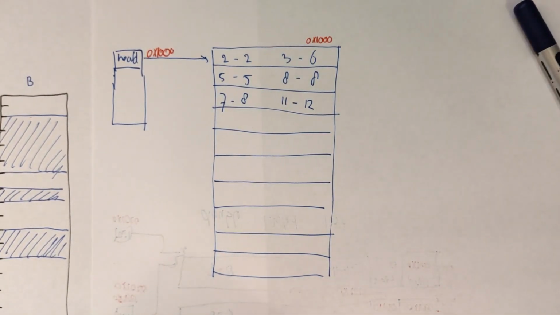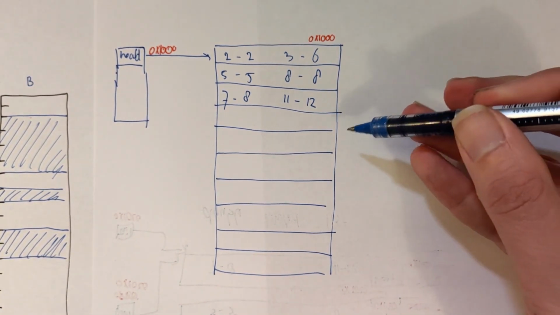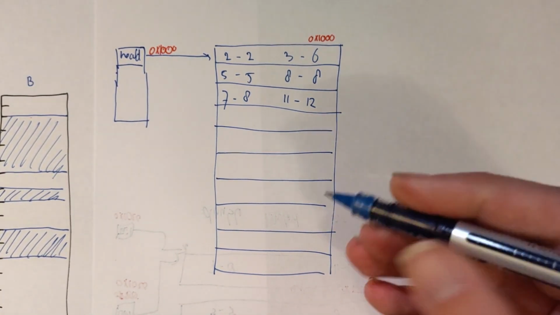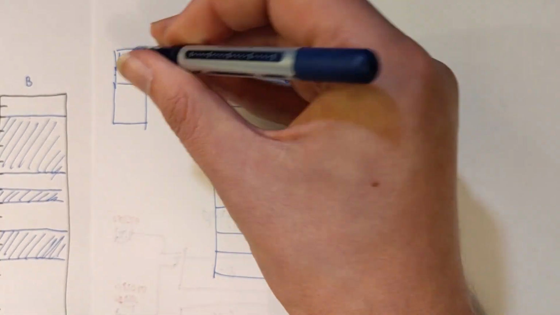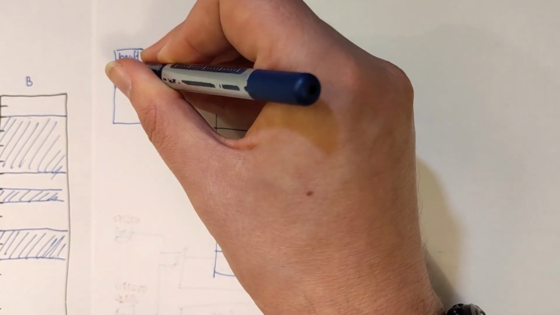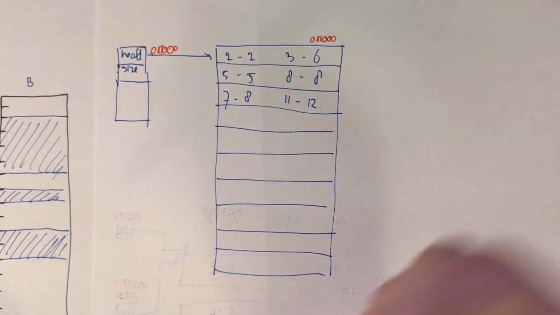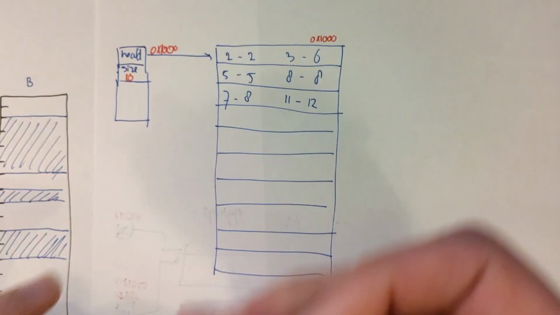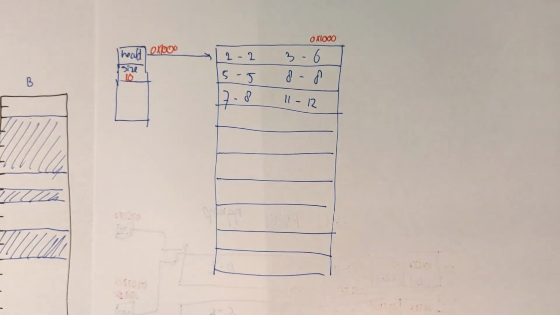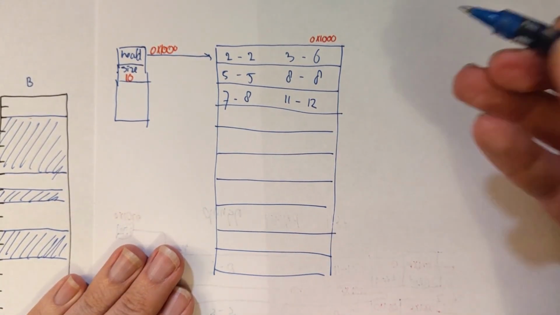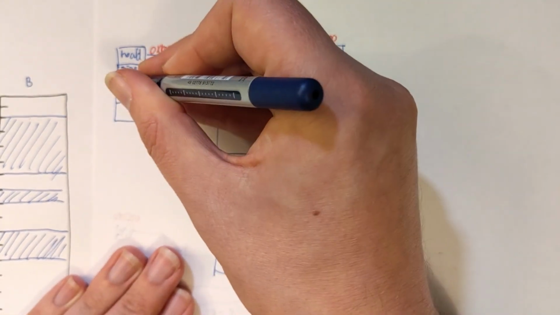Now what I also need to remember in head is how many elements we've allocated, because if we want to add one more here, I think I have allocated space for 4, 5, 6, 7, 8, 9, 10. So we know that our size is 10. So we need to record that. And what we also need to record is how many elements we currently have, which is in this case 3.